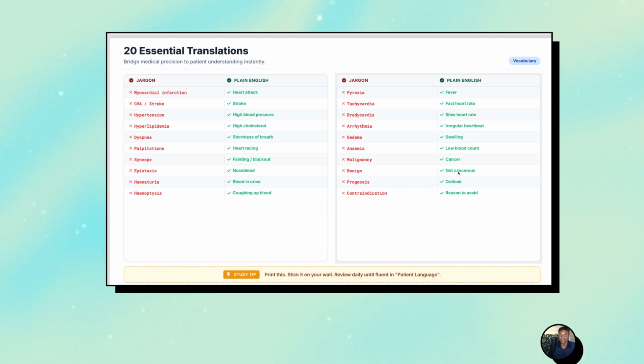Benign, non-cancerous. People say, oh, it's a benign lump. What is benign? Not everyone knows benign. Prognosis, or outlook. Contraindication, reason to avoid. So these are some of the things in history, investigations, and management. When you're explaining things, make sure you use simple language.